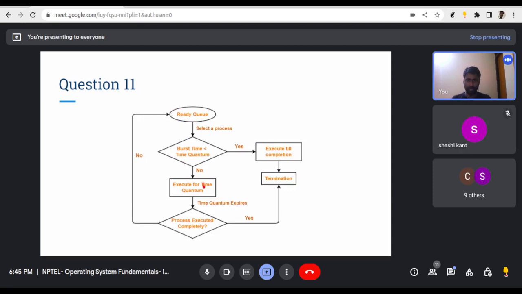It is executed for the given time quantum, and if the process is executed completely, then it goes to termination. If it is not executed completely, then after the time quantum ends, it is sent back to the ready queue, and some other process is given the CPU time, right? So this is the flow chart for the round robin scheduling algorithm.